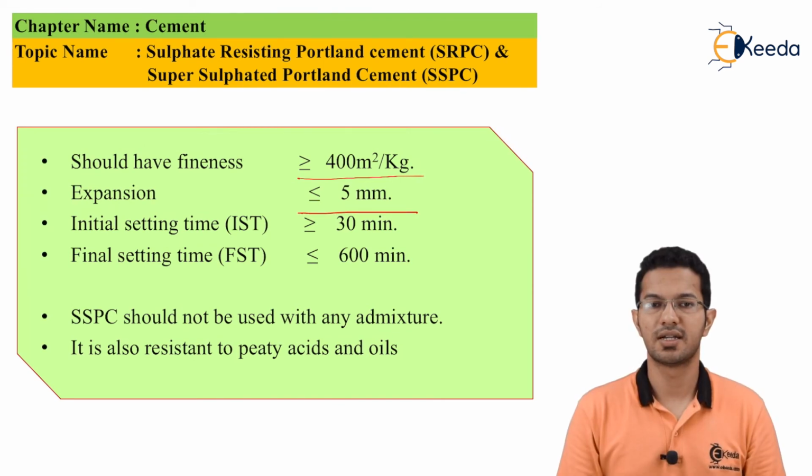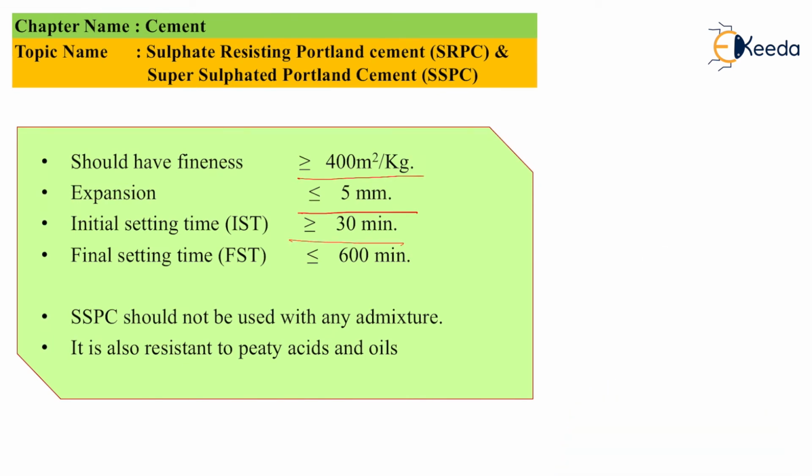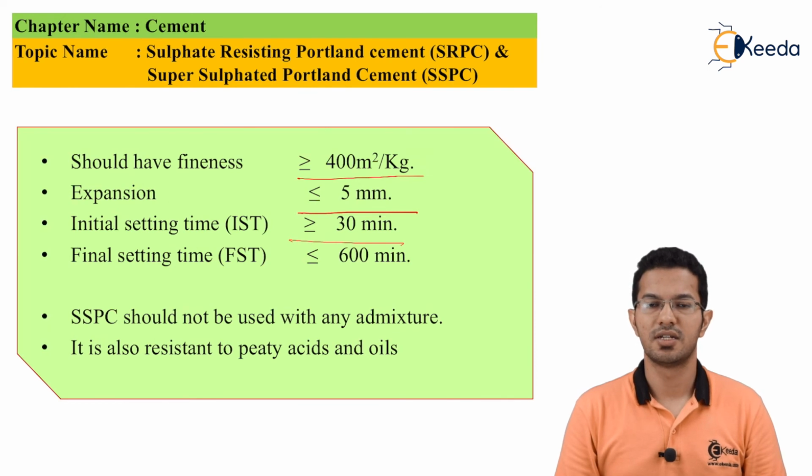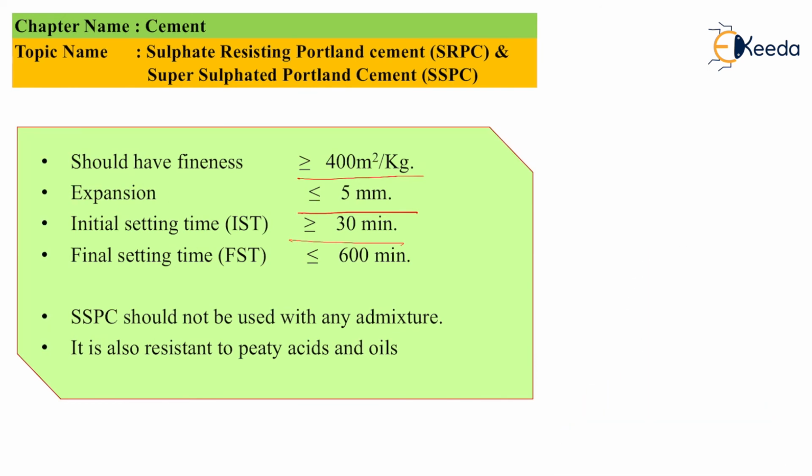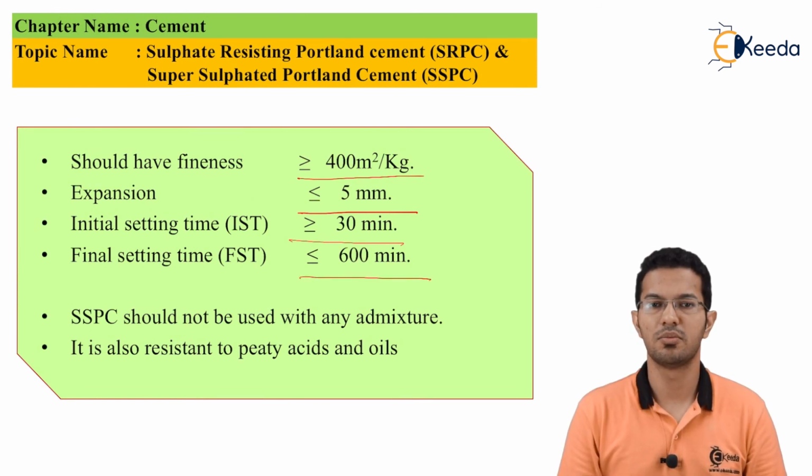The initial setting time, that is IST, should be more than or equal to 30 minutes. The final setting time FST should be less than or equal to 600 minutes. The SSPC should not be used with any admixture. It is also resistant to peat acids and oils.